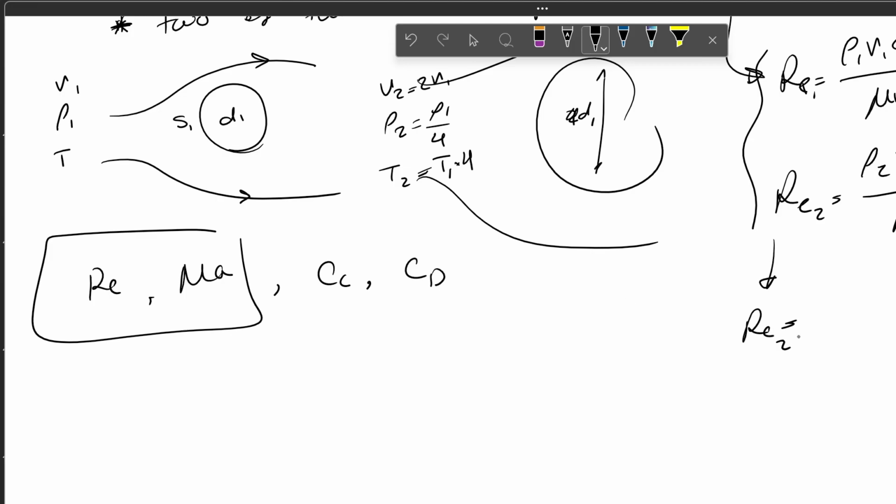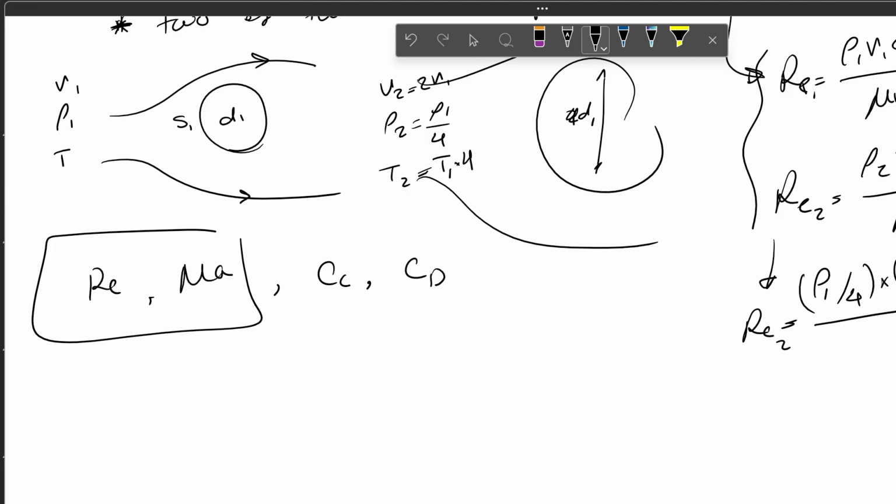Which means that the Reynolds number at 2 is going to be rho 1 divided by 4, multiplied by 2 V1, multiplied by 4 D1, right?